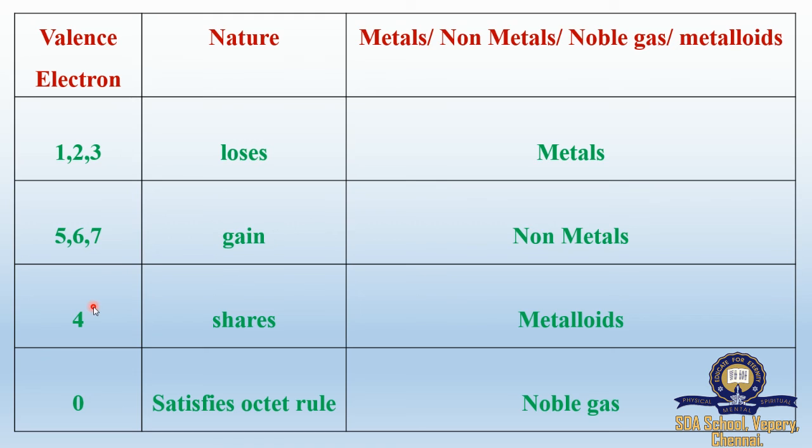If an element has 4 valence electrons, it can share electrons, and those elements are known as metalloids. Elements having a completely filled outermost shell show zero valency. Such elements are noble gases. Hope it is clear to you.